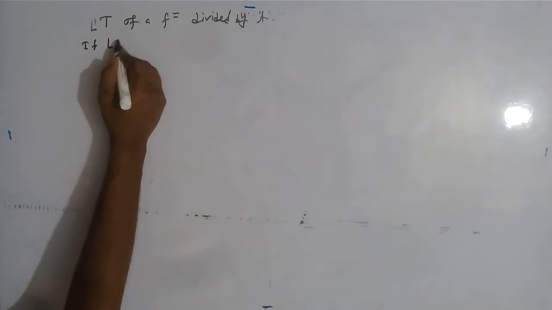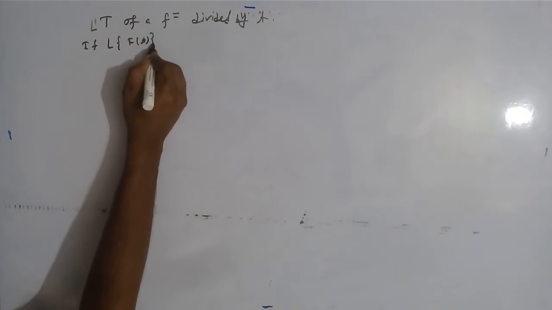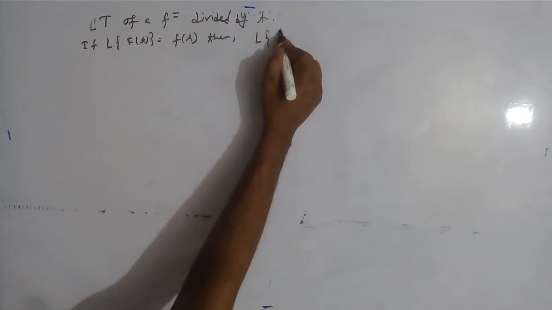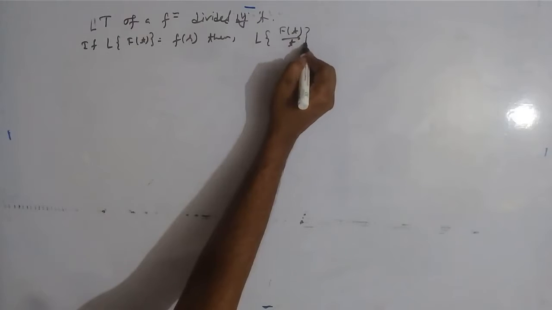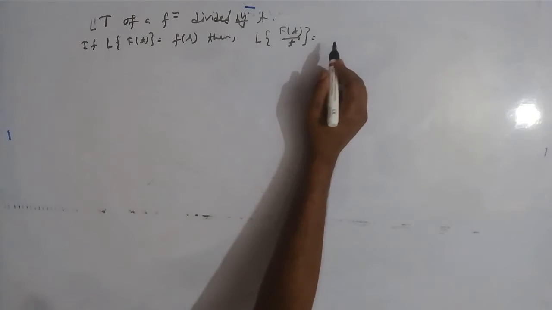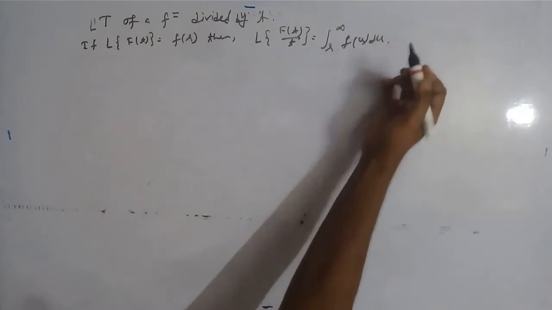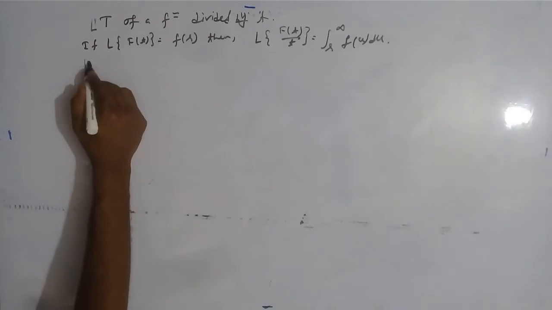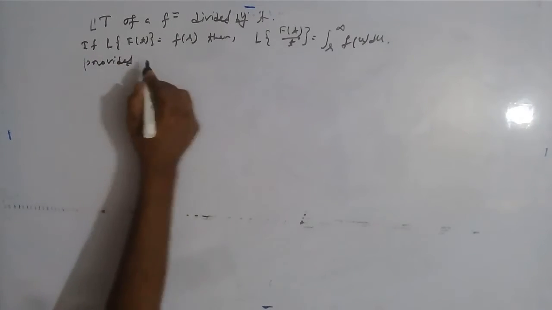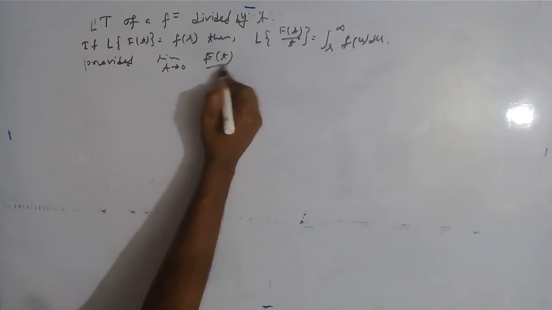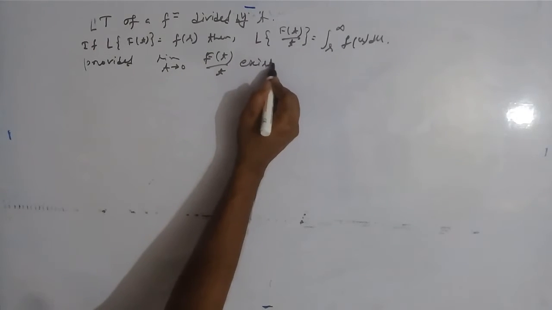This property states that if L of f(t) is equal to F(s), then L of f(t) by t is equal to the integral from s to infinity of F(u) du, provided the limit as t tends to 0 of f(t) by t exists.